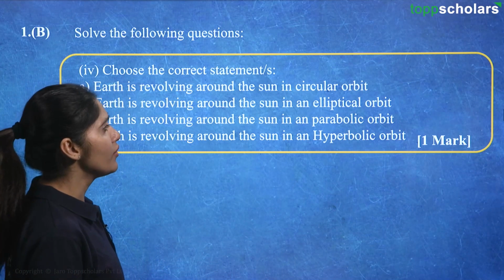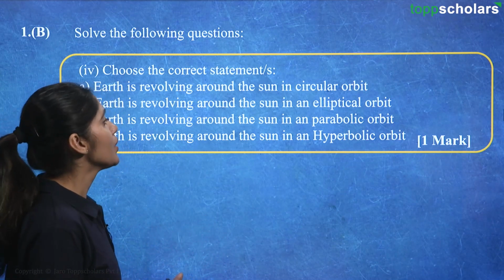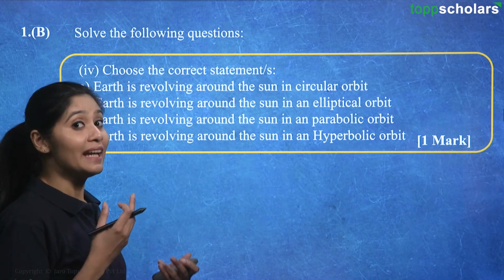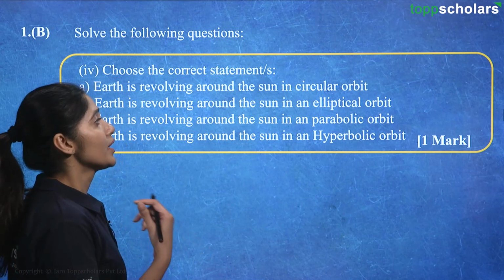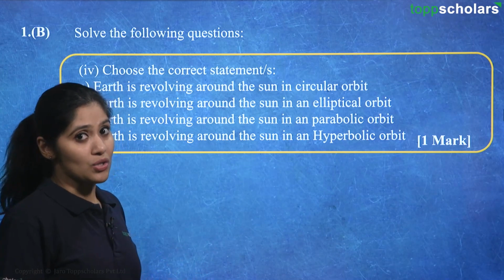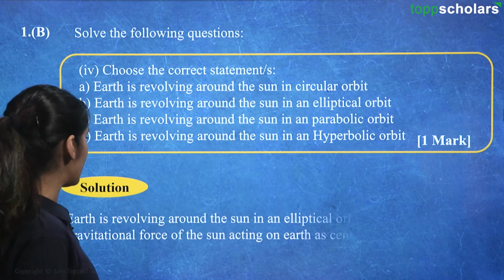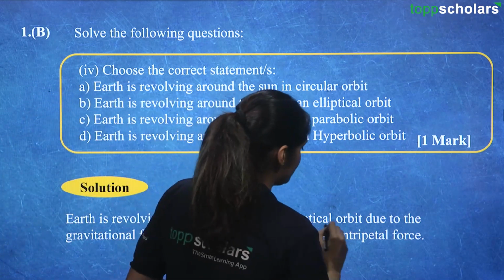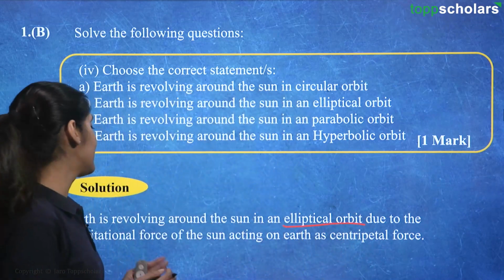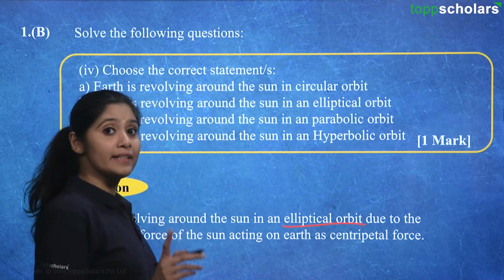So, is it revolving in a circular orbit, which is a complete circle? No, right? What about elliptical orbit? It is a possibility because our Earth is revolving around the sun because of the gravitational force from the sun. So, let's look at the solution. Earth is revolving around the sun in an elliptical orbit due to the gravitational force of the sun acting on Earth as centripetal force.